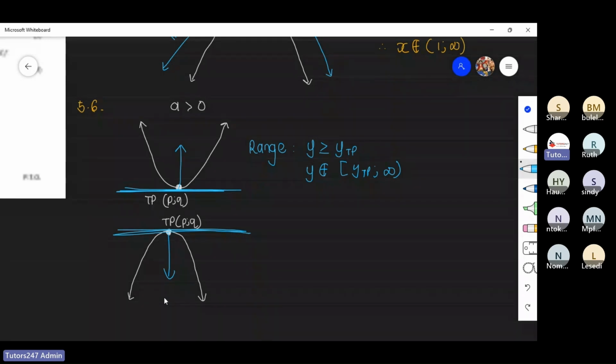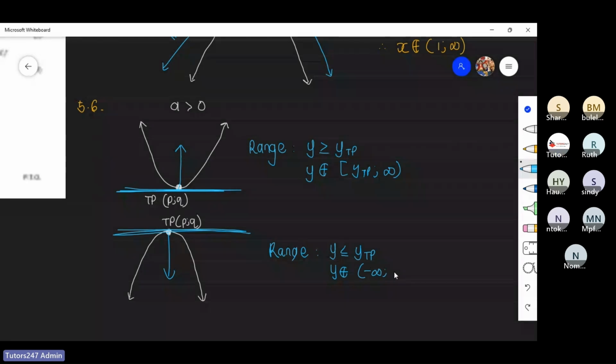It only exists from TP going down to negative infinity. So you'd write your range as y less than or equal to the y value of your turning point. The alternative notation is y an element from negative infinity to your highest point, which is y TP.